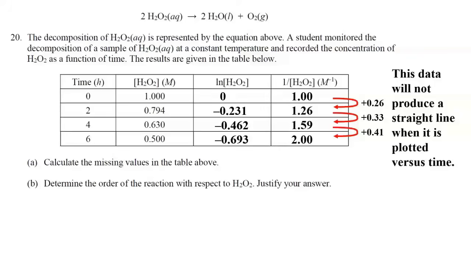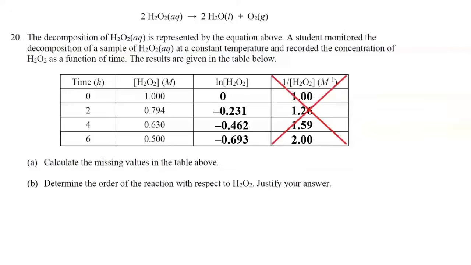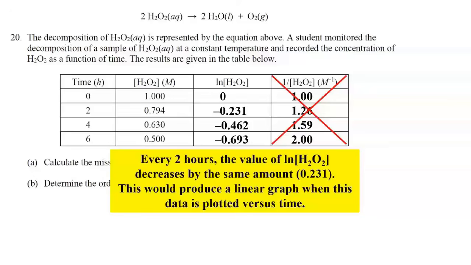It starts off at 0, and then after 2 hours, it decreases to negative 0.231. Then it decreases again by a value of 0.231, and then it decreases again also by a value of 0.231. So therefore, looking for a straight line or a linear plot, I would say it's natural log of concentration.